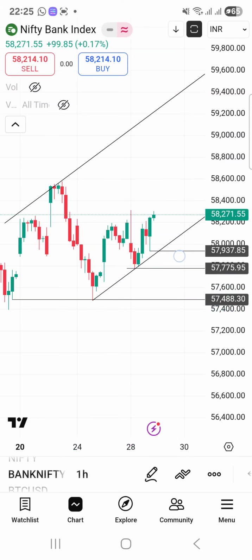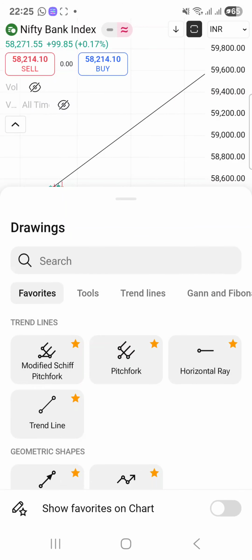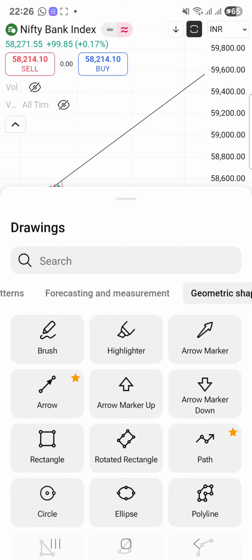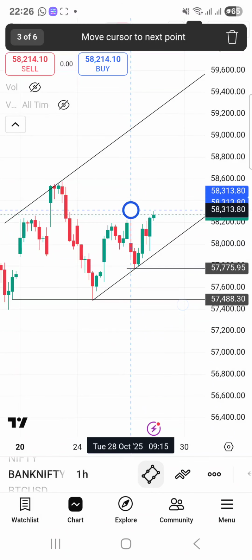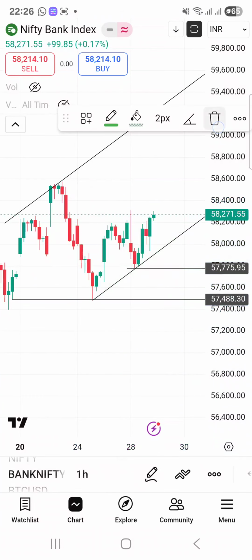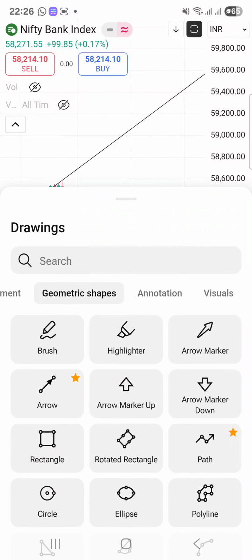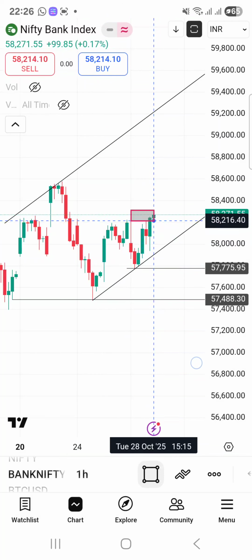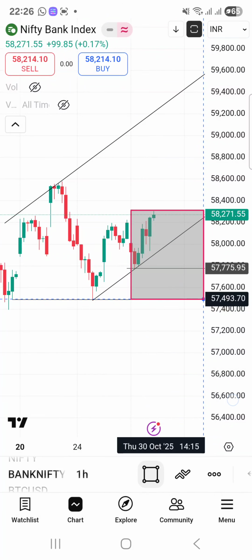The other way to look at the target is by simply extending the magnitude of price that has moved to this point. Okay, let me put, say, this one. So this is the magnitude of price that has happened.